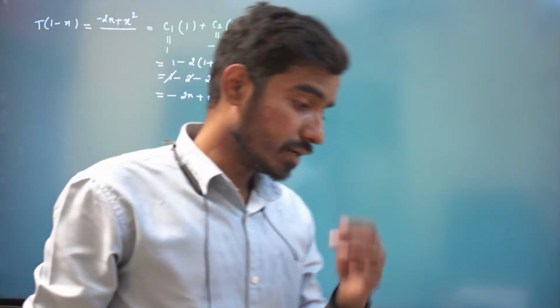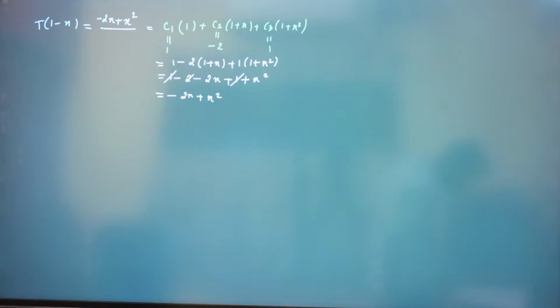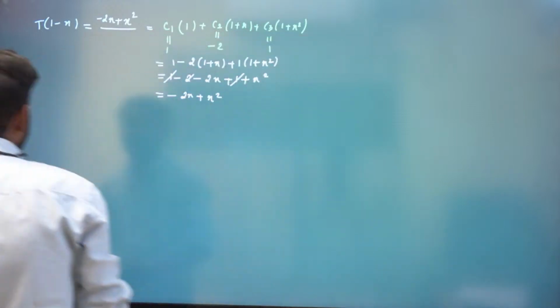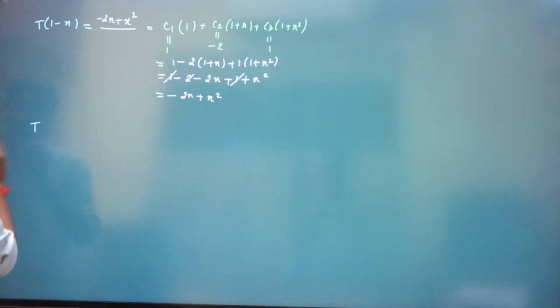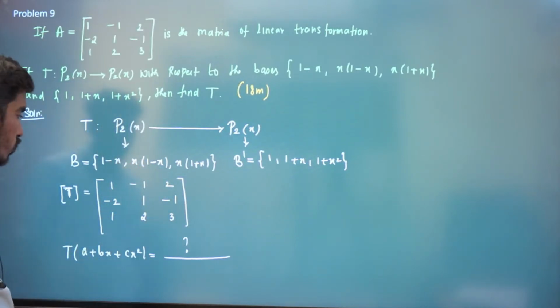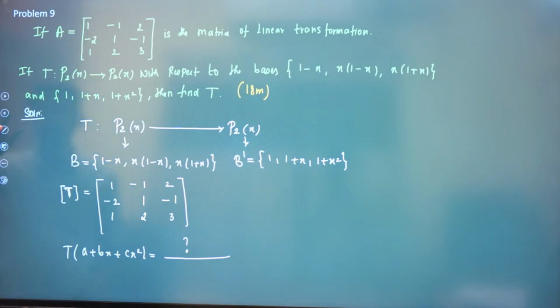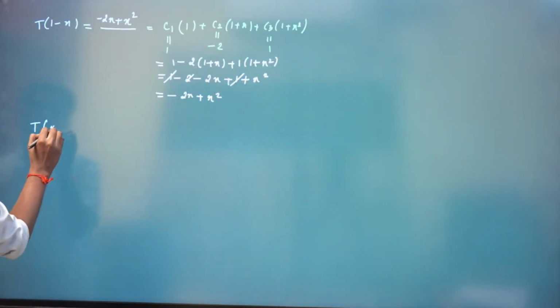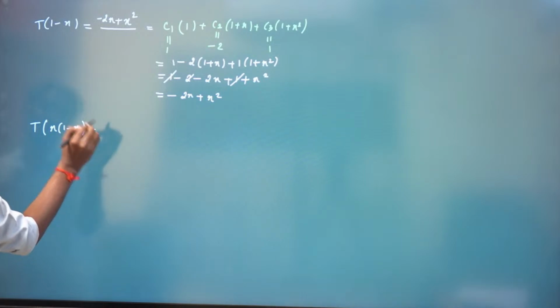Is this step clear? So T of 1 minus x is minus 2x plus x square. Is this clear? Now similarly, we will find the output for the second vector of the domain basis, x into 1 minus x.